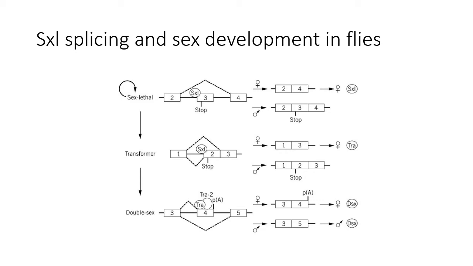Male embryos include sex lethal exons 2, 3, and 4, which is to say include 3, the one that is skipped in females. Well, that is important mechanistically because there's a stop codon in frame within the exon 3 that causes the production of a shortened protein in males, which is inactive in terms of the sex lethal activity. So the splicing repressor activity of sex lethal guarantees exon 3 will be skipped in females or future females, whereas it will be included in males.